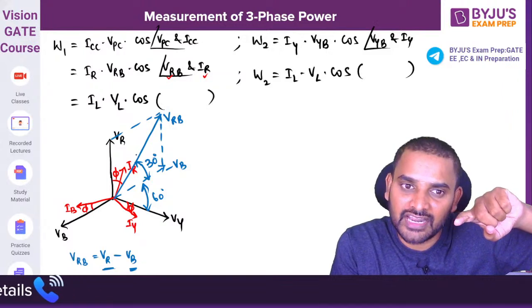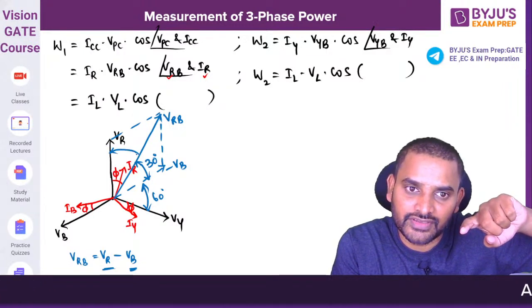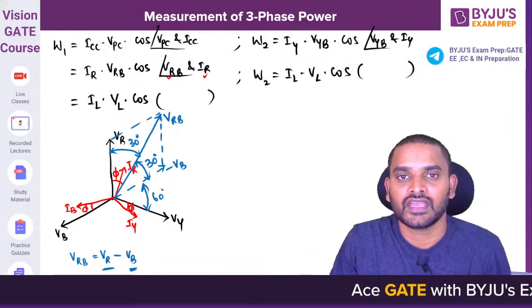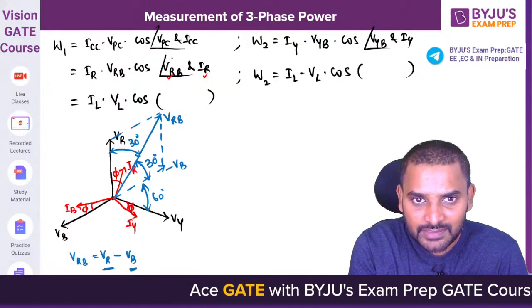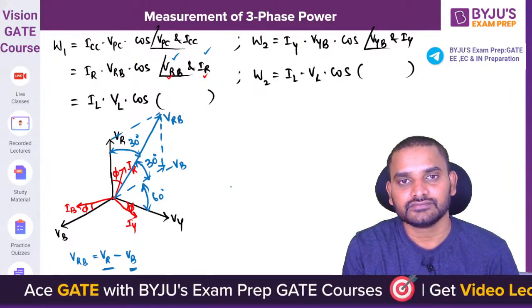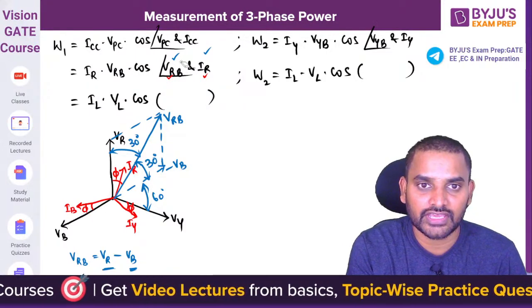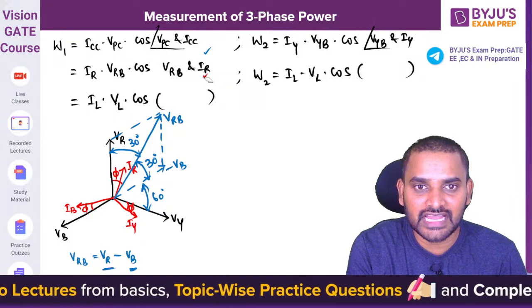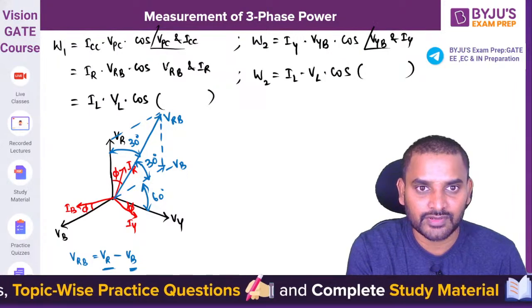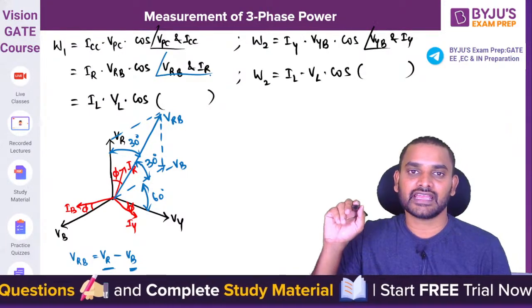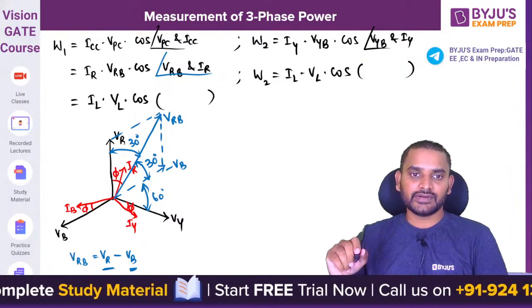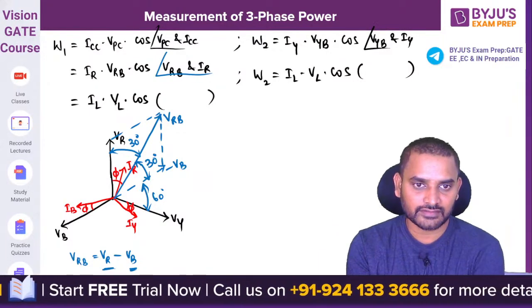From VRB to VR is 30 degrees. But what we want is the angle between VRB and IR. We know where VRB is, and we know where IR is. Can you tell me the angle between VRB and IR?